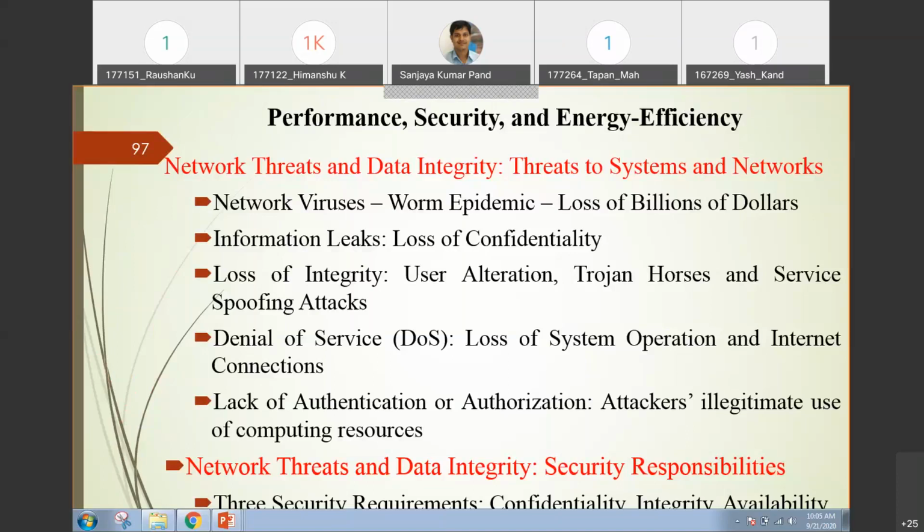Whatever network you are using, it is potentially exposed to threats from unauthorized people, an intruder, or an attacker who wants to apply some kind of attack to a particular network. That we call a network threat.